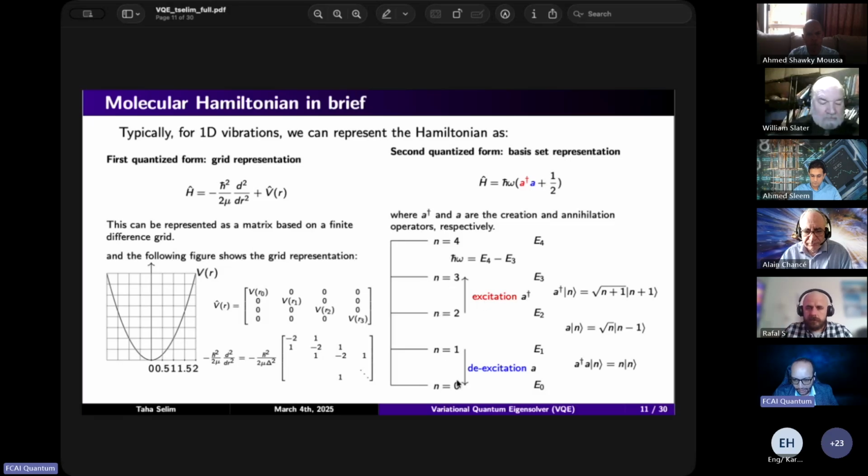And of course, you can go down using the same de-excitation operator. So we have A dagger A acting on N. If you apply both, then you get the number, and this number is the number of the state. So this is the N. You get the number that's inside the quantum state. And here is the action of A dagger on N, and then you get root of N plus 1, and then get N plus 1. So it means that you went up, and here you went down.